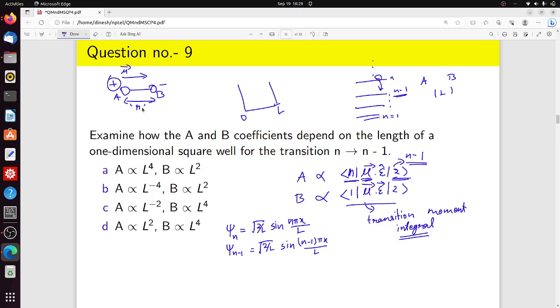Let's say this distance is R, and the charge is E. Then mu can be written as E times R, or minus E times R if we are considering an electron, and it will be the dot product with the external electric field.